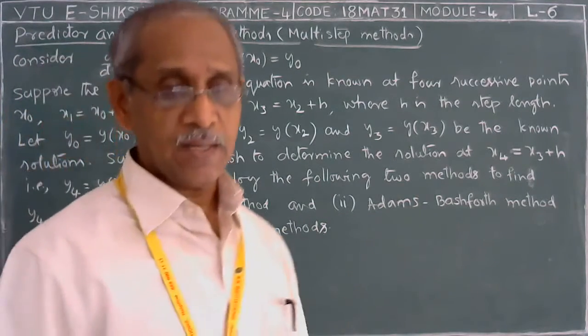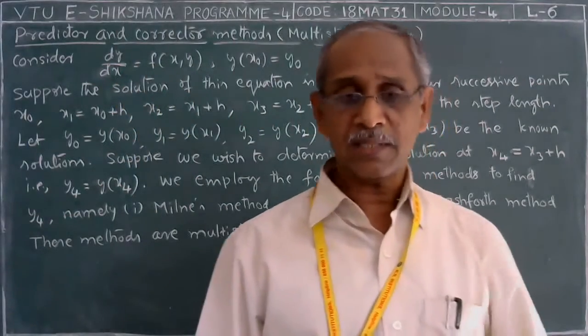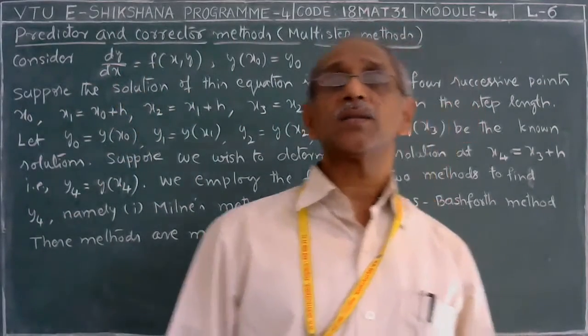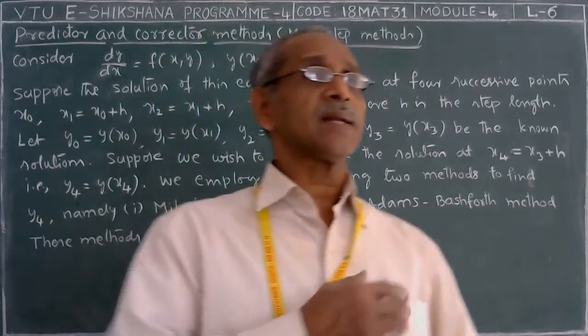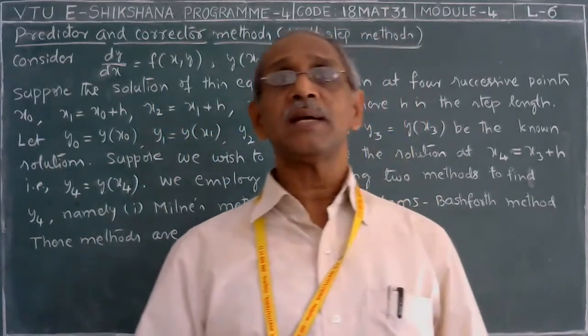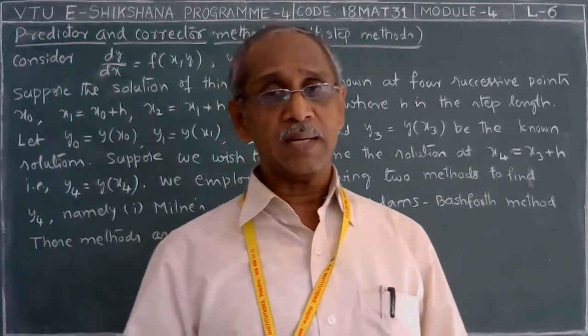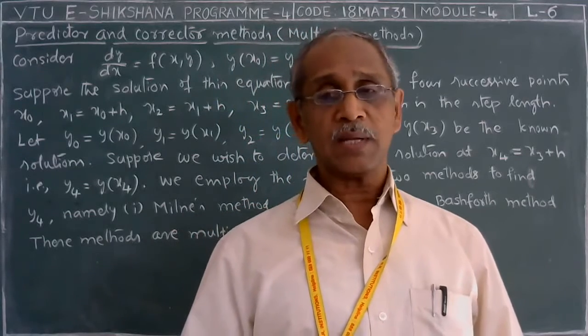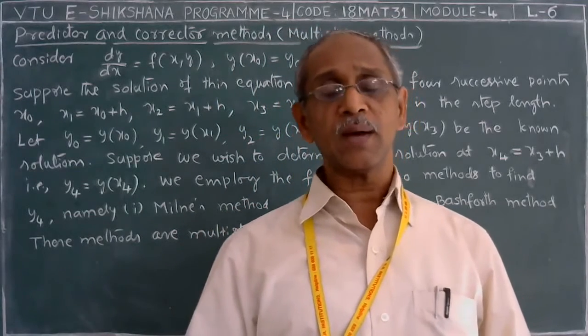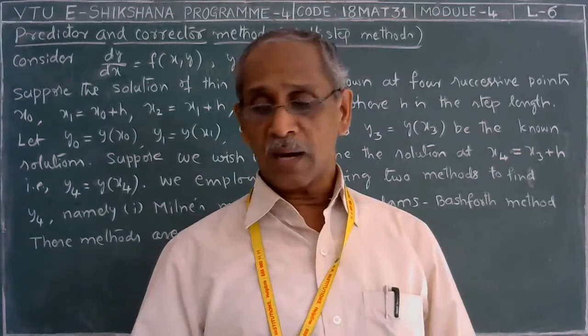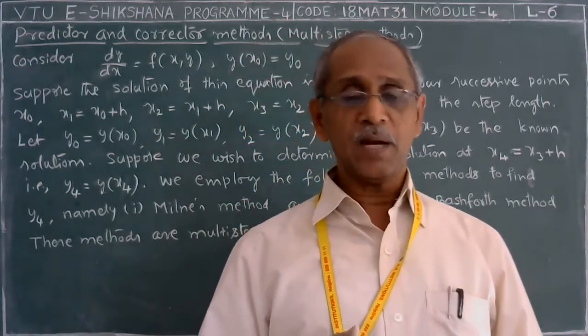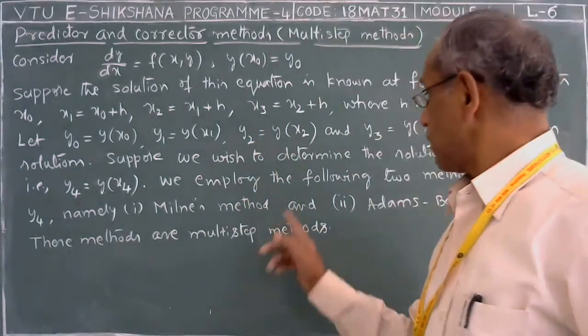These two methods are multi-step methods, whereas the three methods which we discussed in the earlier classes, Taylor series method, modified Euler's method, and Runge-Kutta method of fourth order, are single step methods. So let me consider them one by one.